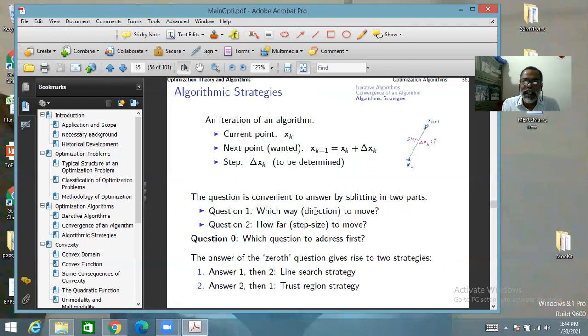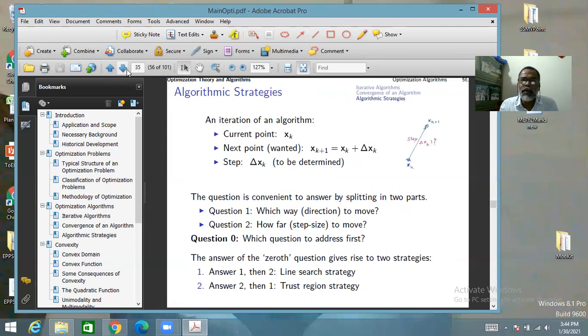If you first decide the direction and then how far, that gives you the so-called line search strategy. If you first decide how much step size you are ready to take and then decide which way, you get what is called the trust region strategy.